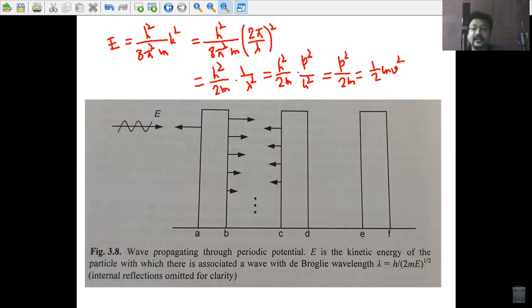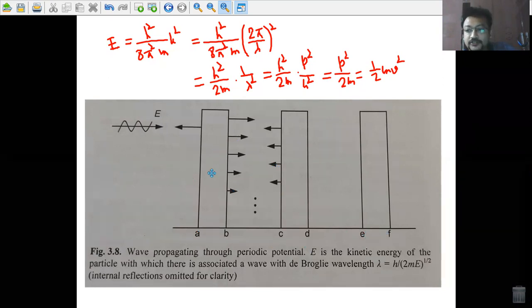Consider a quantum mechanical particle moving along with energy E as shown in this figure. Associated with the particle is a wave of de Broglie wavelength lambda, and in regions A to B, C to D, and E to F, etc., the potential energy is non-zero.